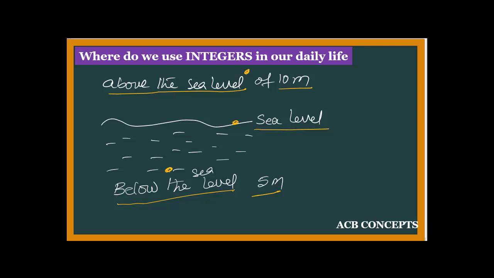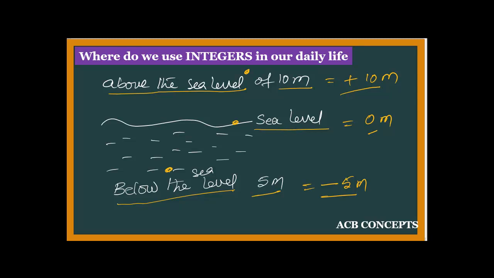Here above the sea level is represented as plus 10 meters, below the sea level as minus 5 meters, and on the sea level as 0 meters. Plus 10 is a positive number, minus 5 is a negative number, and 0 is neither negative nor positive.